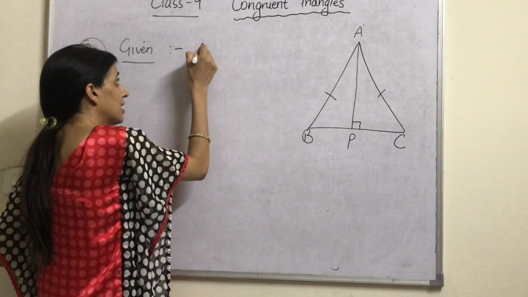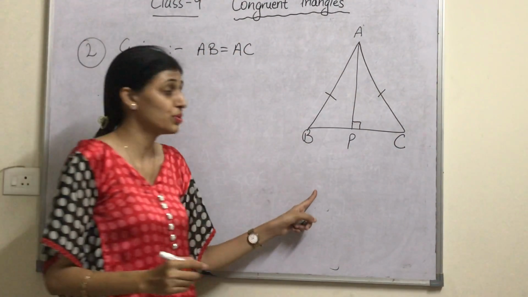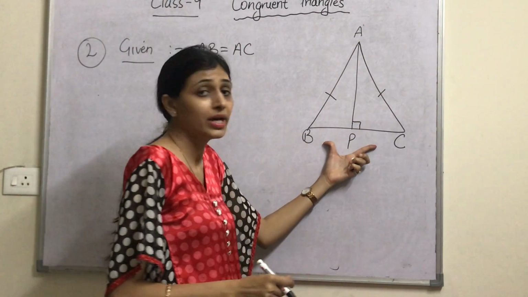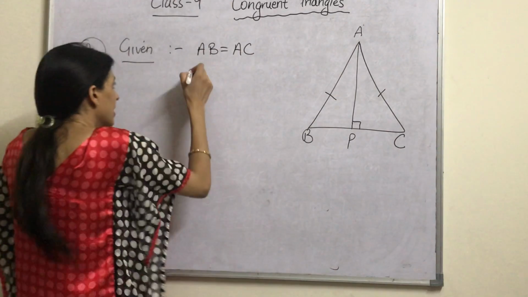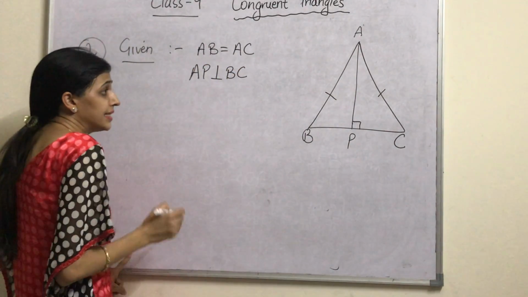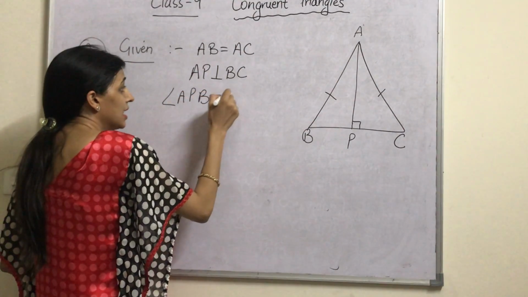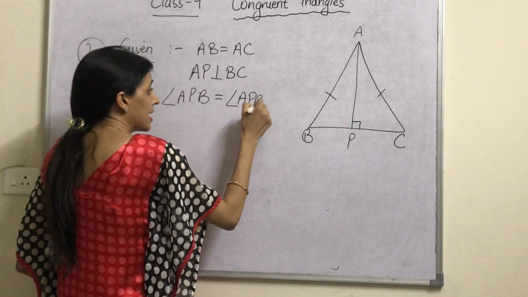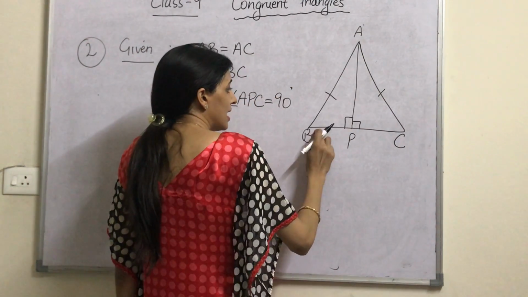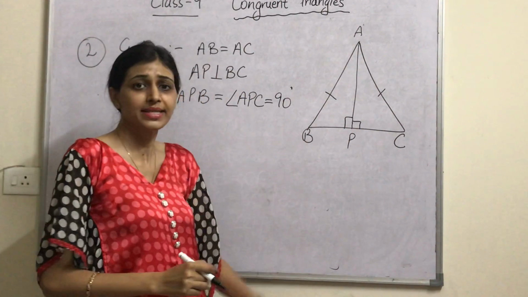What else is given? AP is perpendicular to BC. If AP is perpendicular to BC, that means angle APB equals angle APC equals 90 degrees.